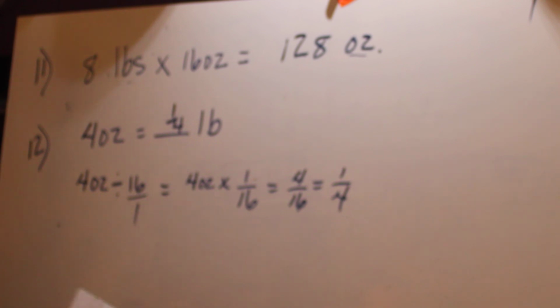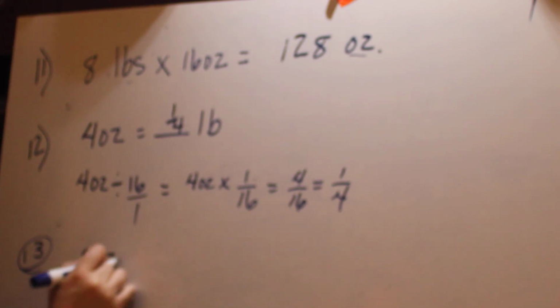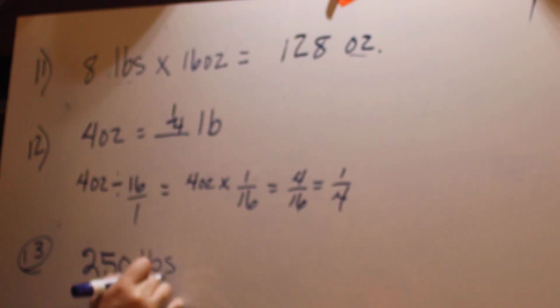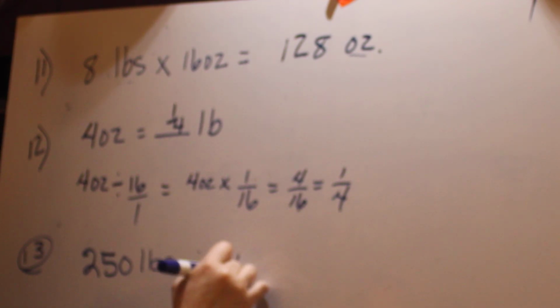Alright, 13. Oh, they were asking what fraction of a ton was 250 pounds. So what fraction of a ton? If I have 250 pounds, I need to divide by 2,000.